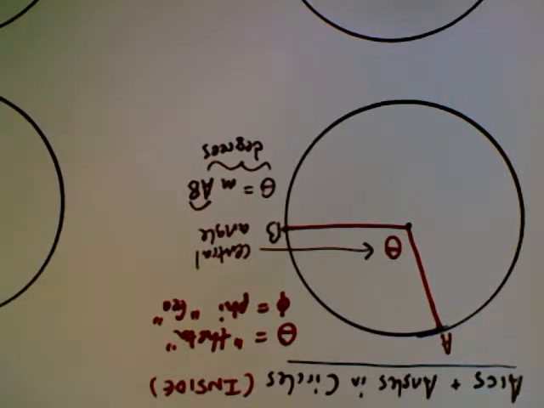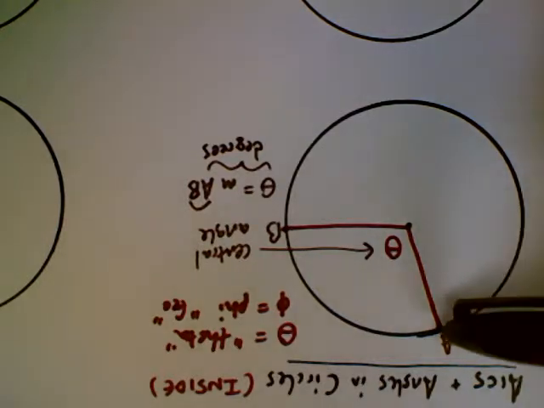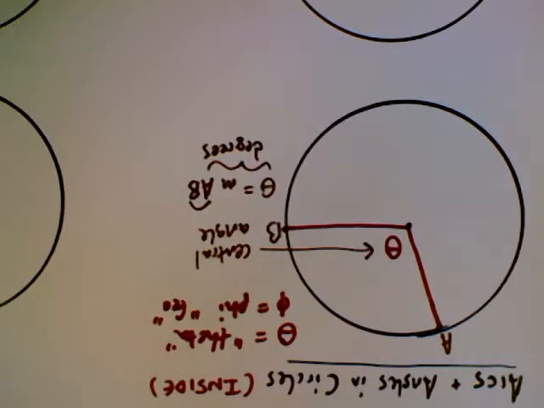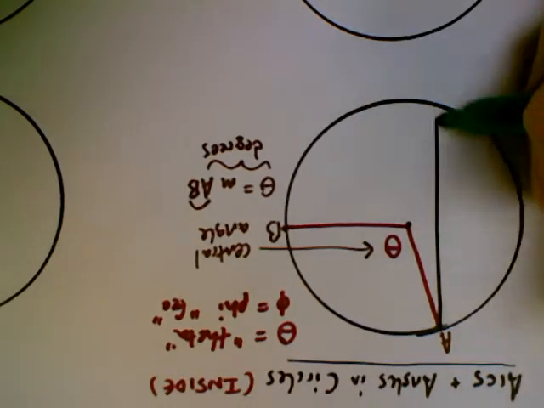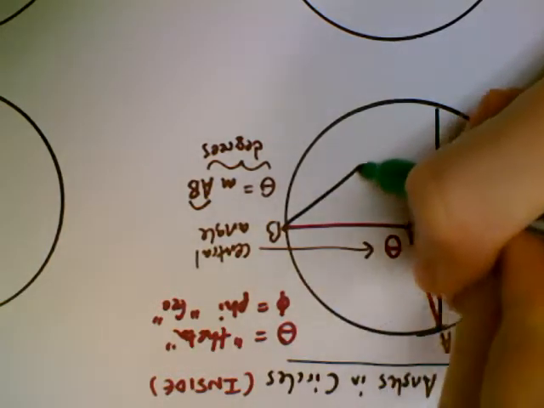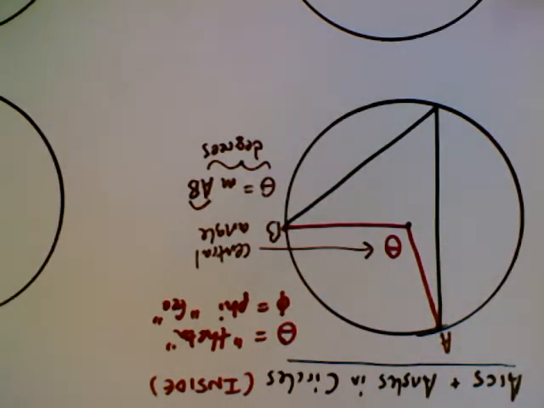So one other type of angle that happens with this is called an inscribed angle, and you probably have seen this already, but an inscribed angle is an angle that opens up to an arc and has a vertex on the edge of the circle. So I'll use phi for this to show that I'm talking about a different angle.